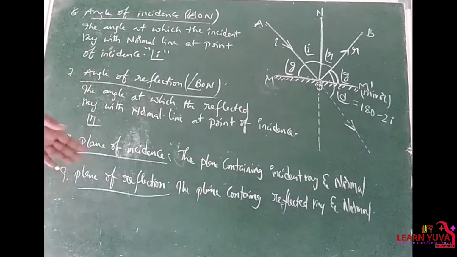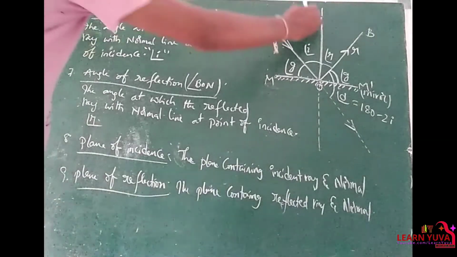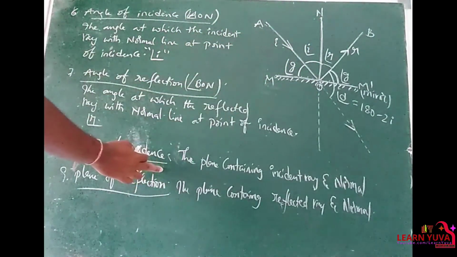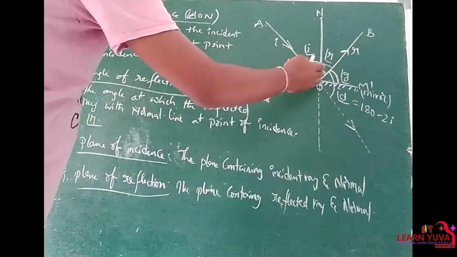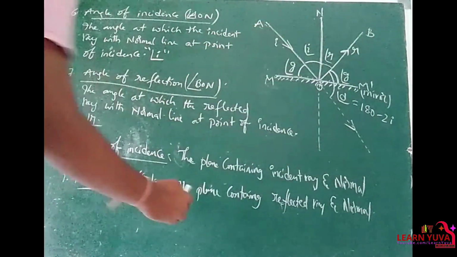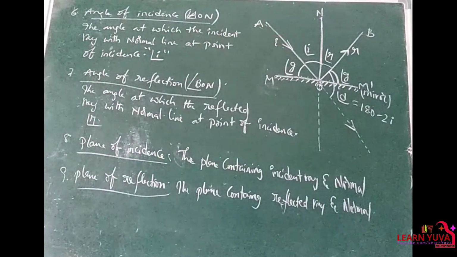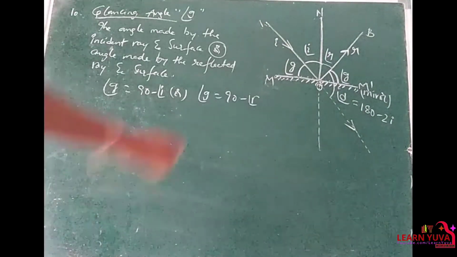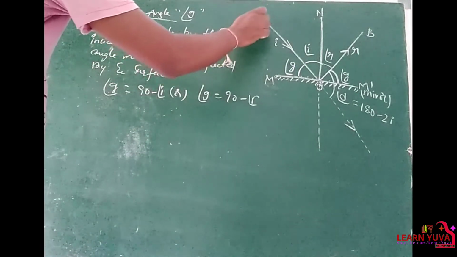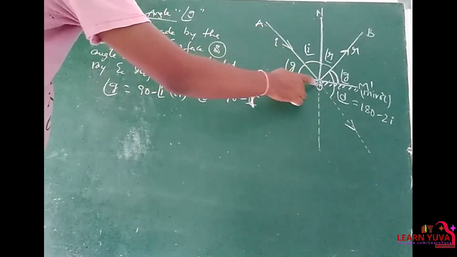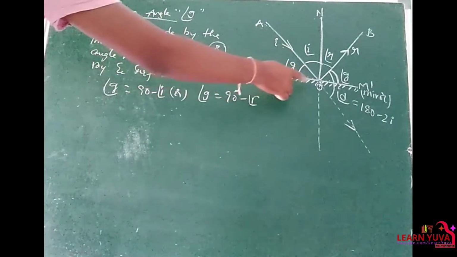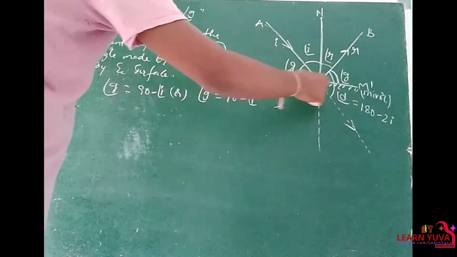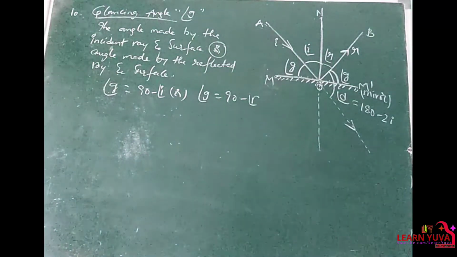Plane of incidence and plane of reflection. The plane containing the incident ray and normal is the plane of incidence. The plane containing the reflected ray and normal is the plane of reflection. Glancing angle is the angle made by the incident ray with the surface, or the angle made by the reflected ray and the surface, also called the angle of glance.